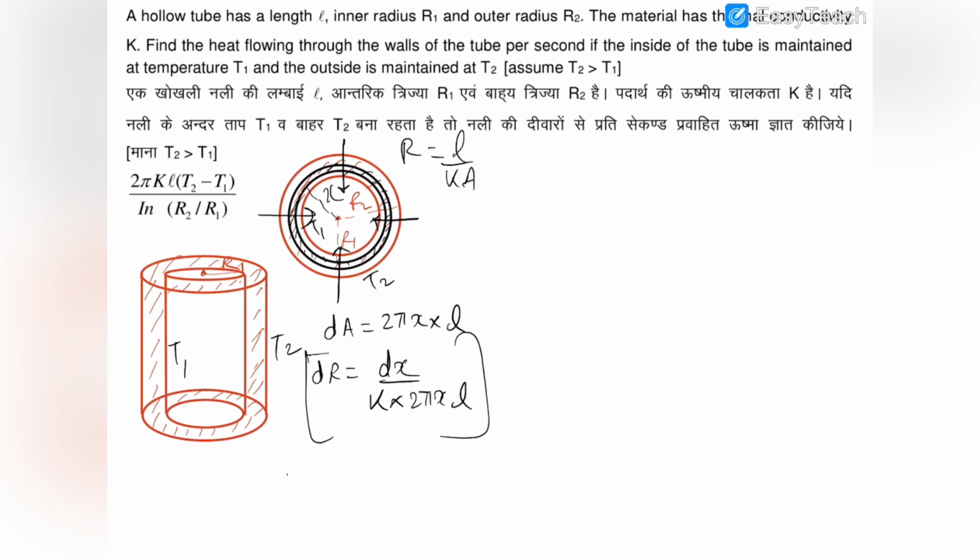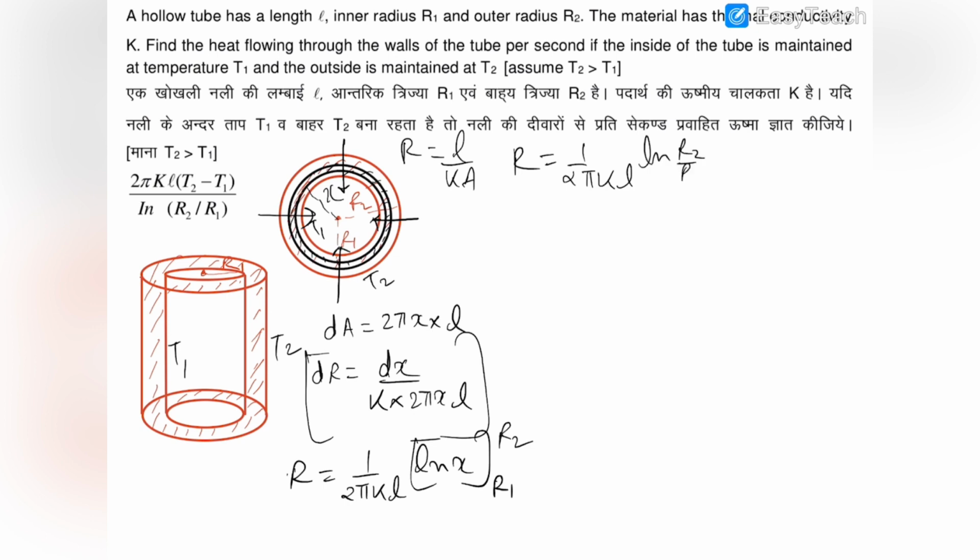So the total resistance R will be equal to 1 upon 2 pi k L ln x, and the limit of this would be from R1 to R2. You can integrate in either direction, and obviously keeping in mind that resistance cannot be negative. So R will be equal to 1 upon 2 pi k L ln R2 by R1.